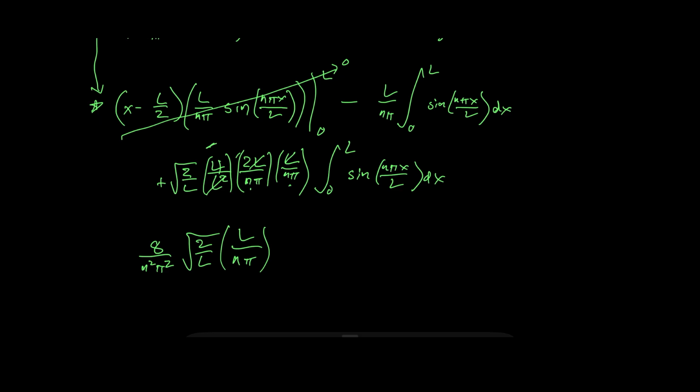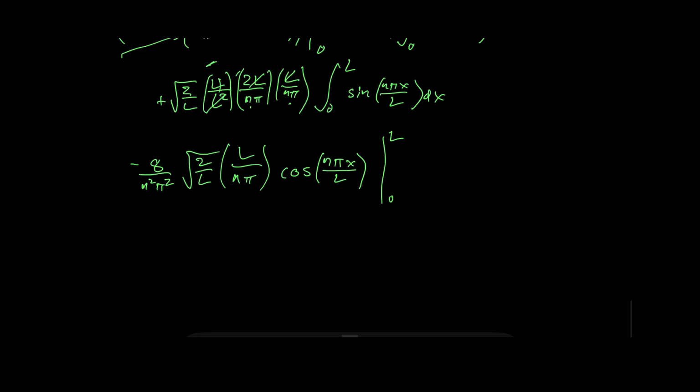This is going to turn negative, and we get cosine n pi x over L evaluated at 0 and L. Alright, so we get this whole shebang all over again, with the negative 1 to the n minus 1 times all this stuff. Alright, so this is our final piece of the puzzle.